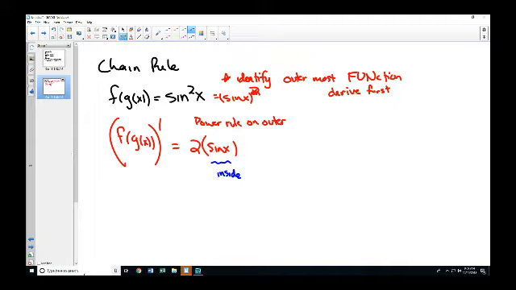What's the derivative of sin x? Sin x. See how that works? So pick on the outside function first. Then you just copy the inside, just leave it alone. And then you derive the inside function. Okay. See if you can handle that.